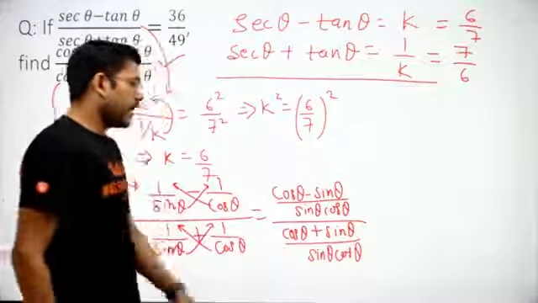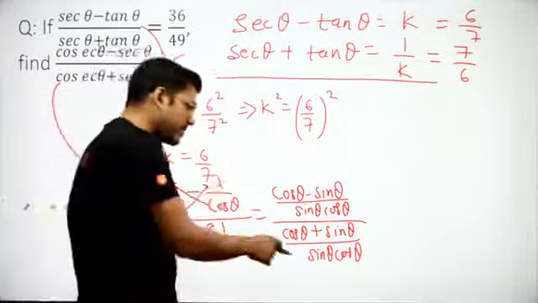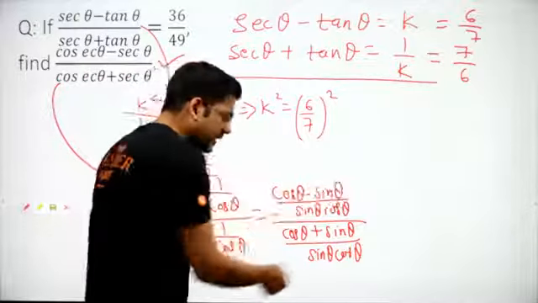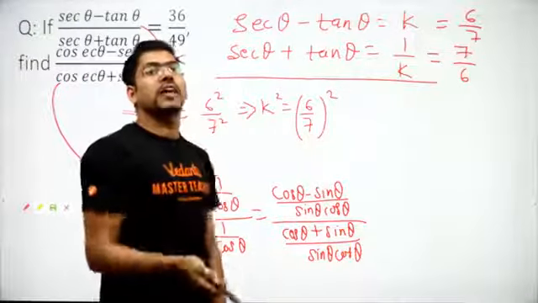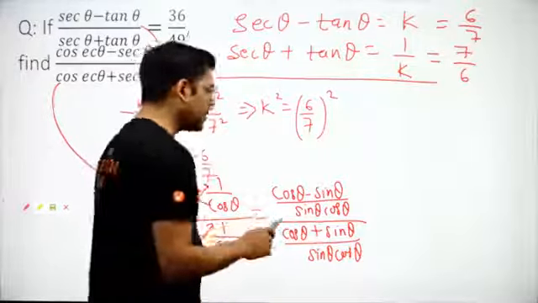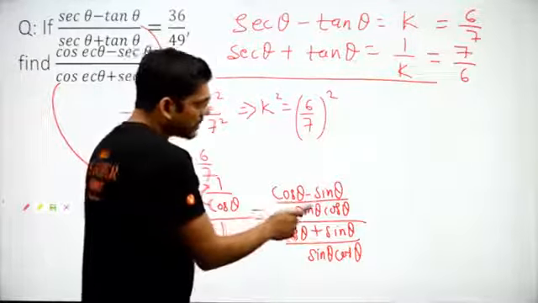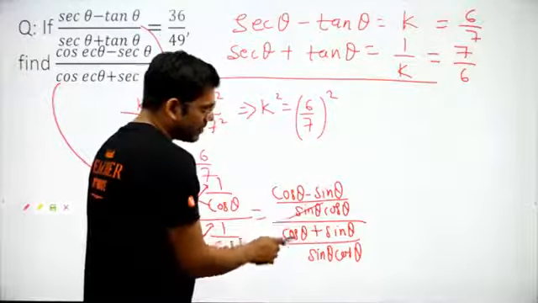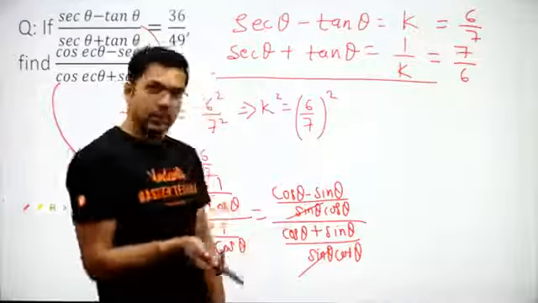Now see guys, here we can simply cancel sin cos and sin cos, but I will not cancel sin and cos both. I will cancel only sin. Why I am cancelling only sin, I'll just tell you right now.